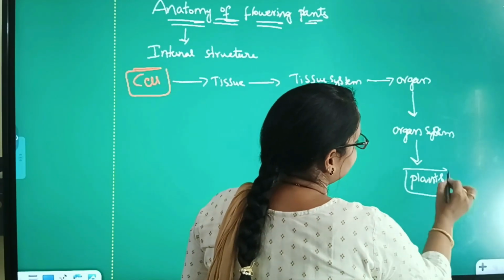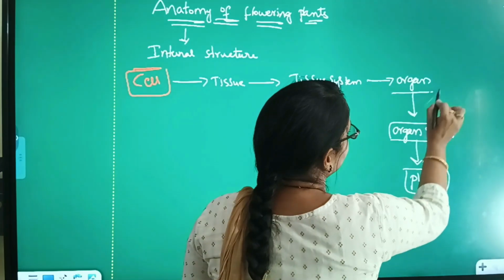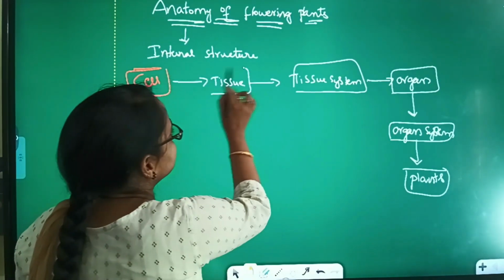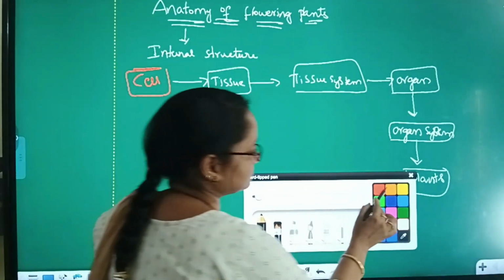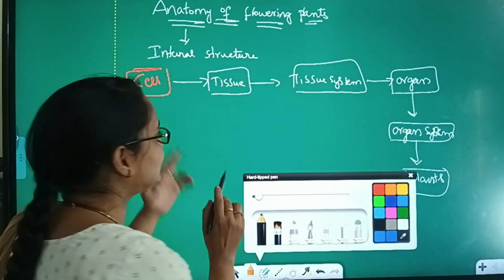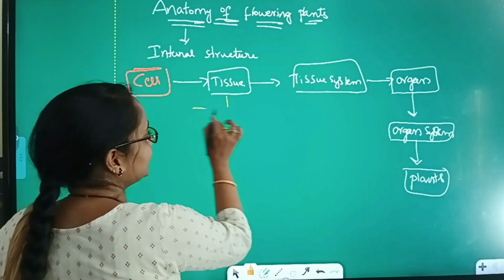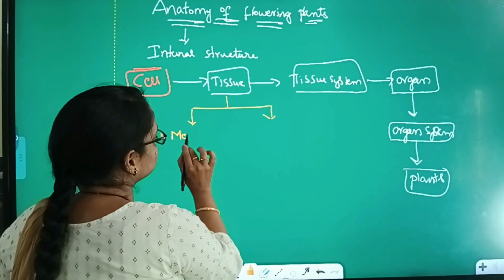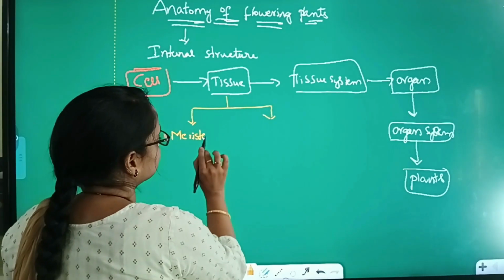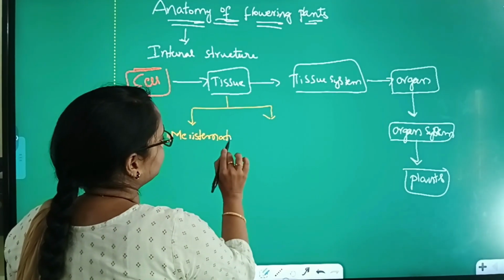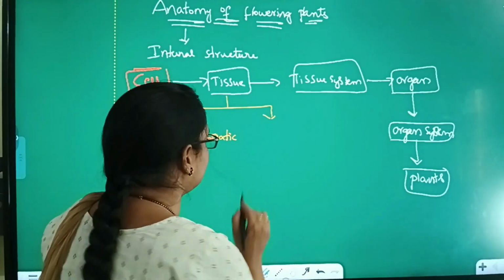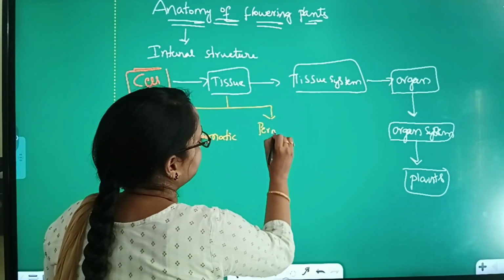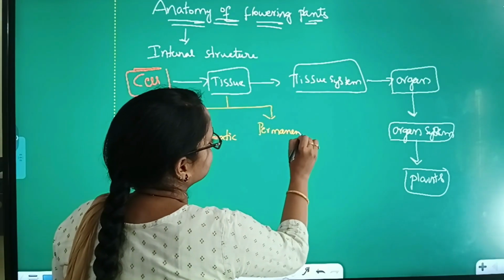Right, in all these, what we are going to study in this chapter, as a gist I am going to mention here itself. Look at here, under tissues we would be discussing meristematic tissue and then permanent tissues.